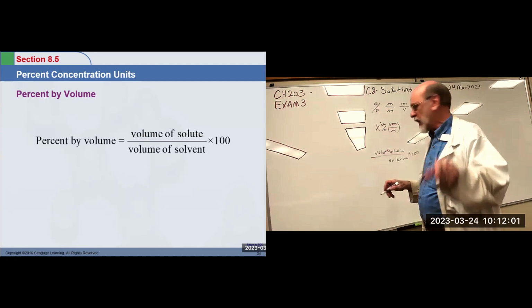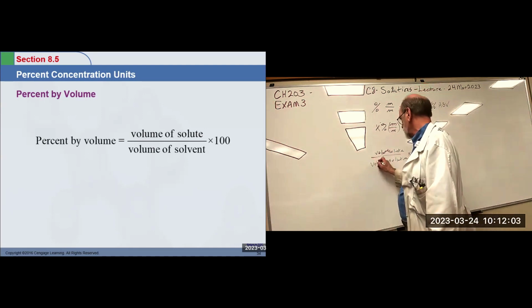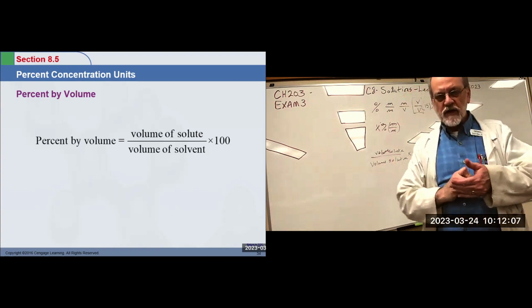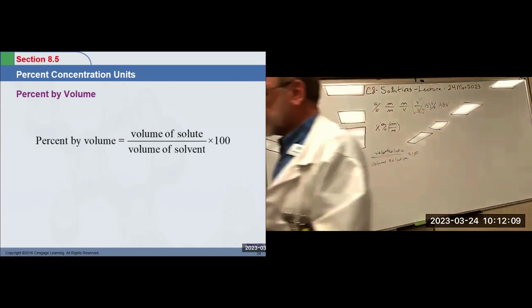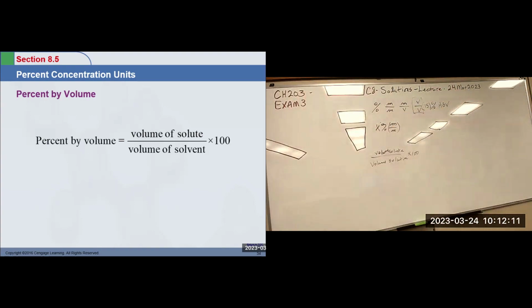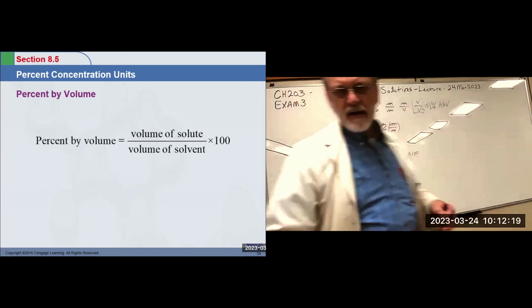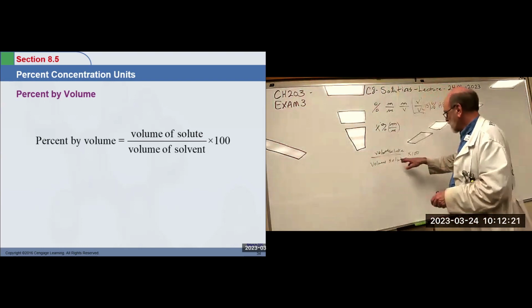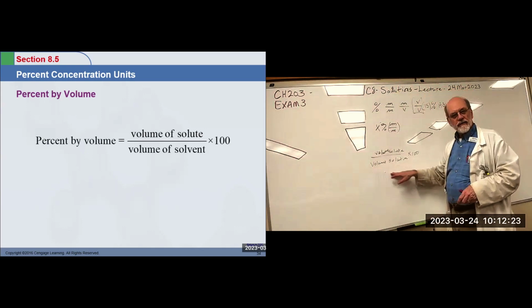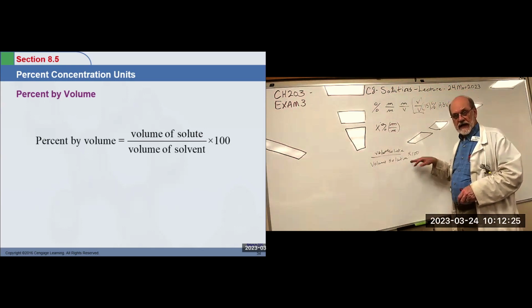It's not the volume of the solvent, it's the volume of the solution. That needs to be corrected. Let me make a note. Okay. That's volume of solute divided by volume of solution times 100.